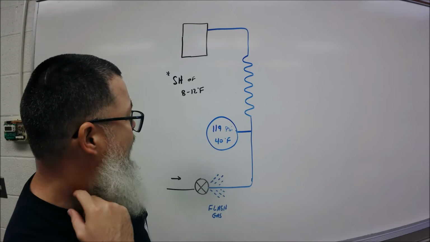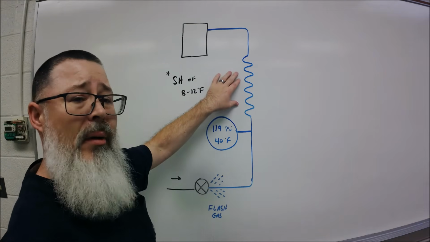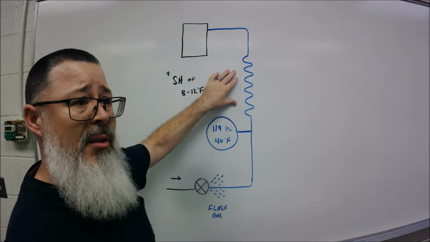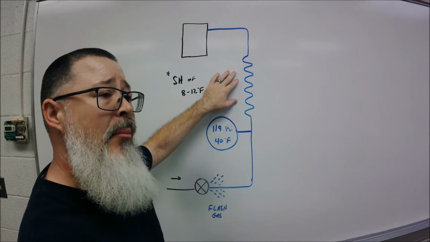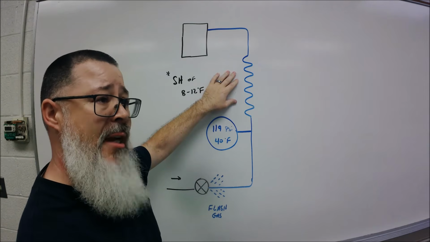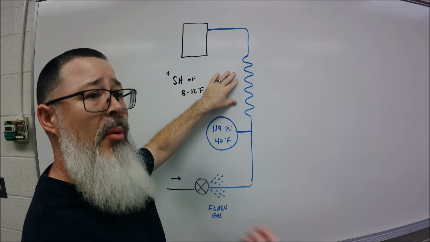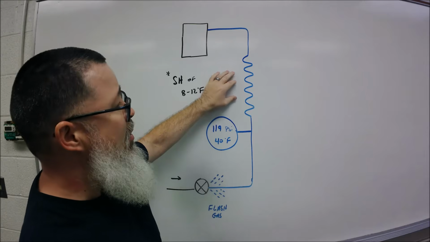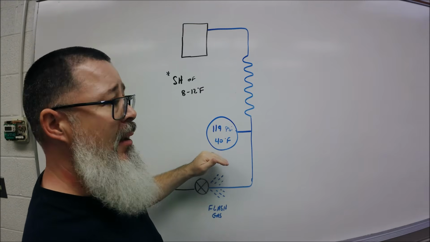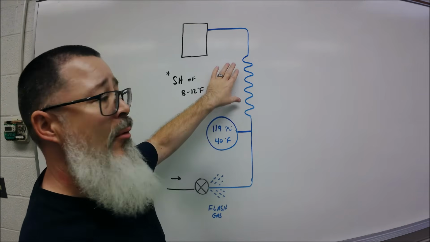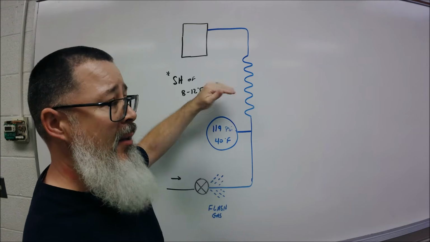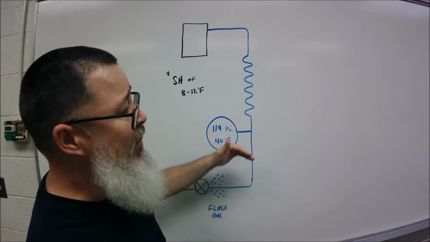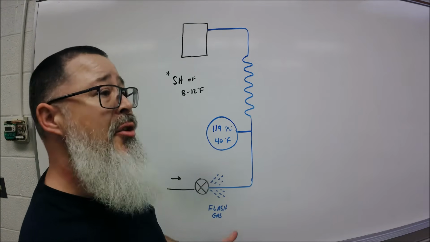So our coil is active with this, where the latent process takes place, where we're changing state, is where we do the bulk of the work. By having a liquid vapor mix and that refrigerant changing states, it starts out mostly liquid, but by the time we get through the evaporator, it should be vapor.